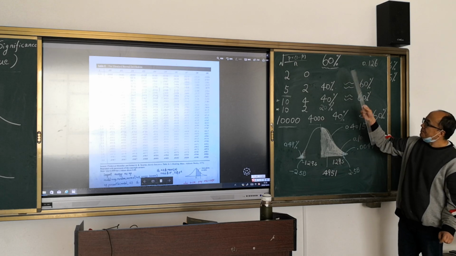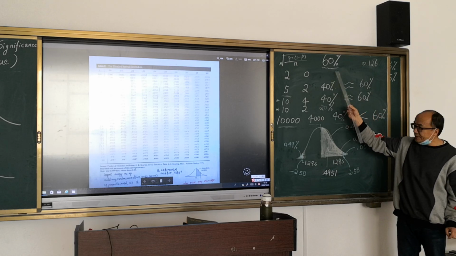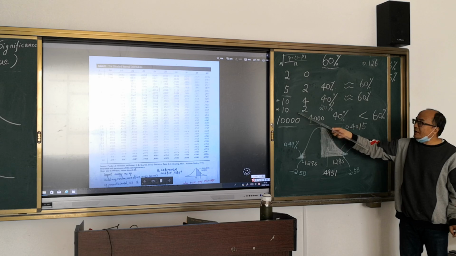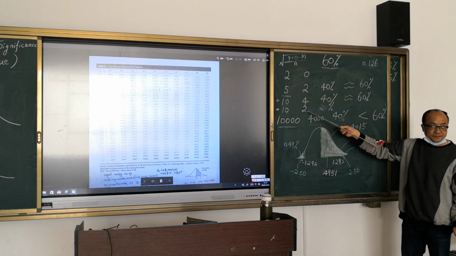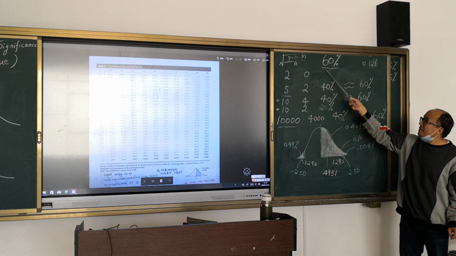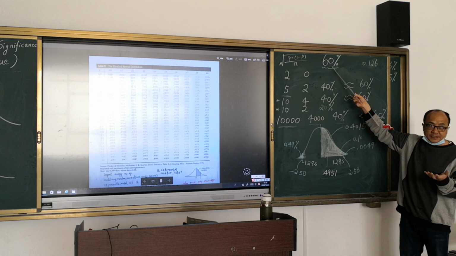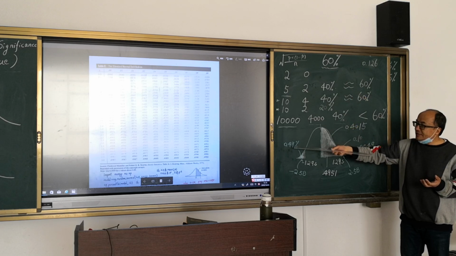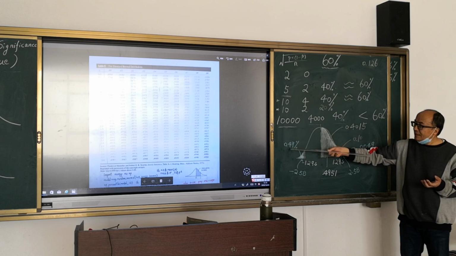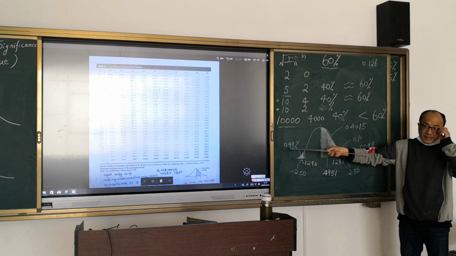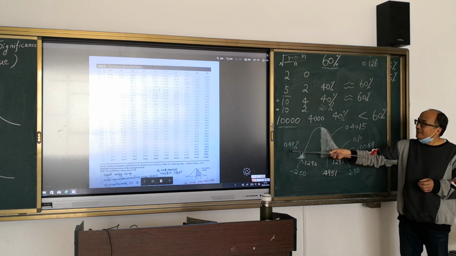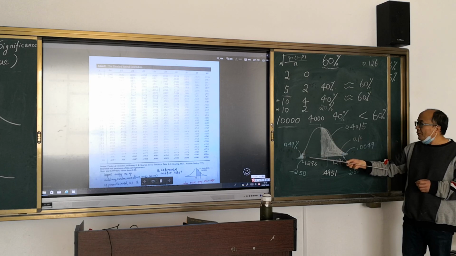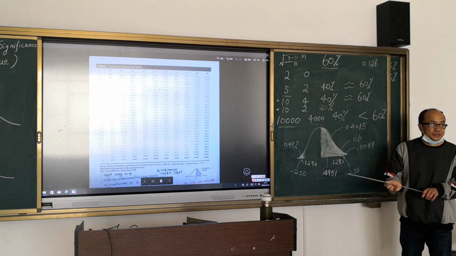So this means if you are a 60% shooter, for you to have such a bad performance, for a player as good as 60%, to have such bad luck is only a 0.5% chance. Let's say that's rounding up to 0.5.